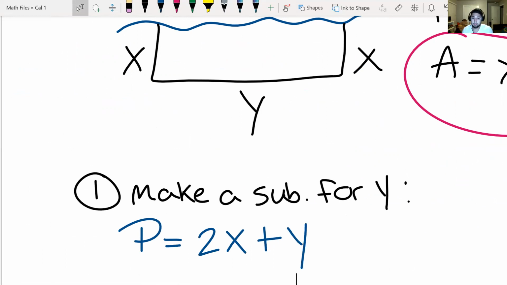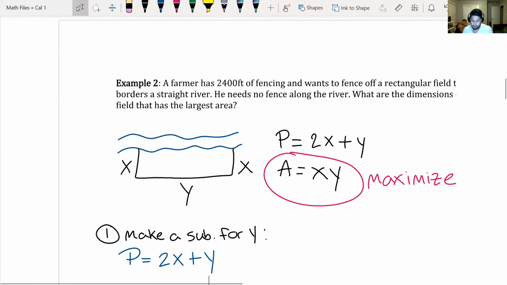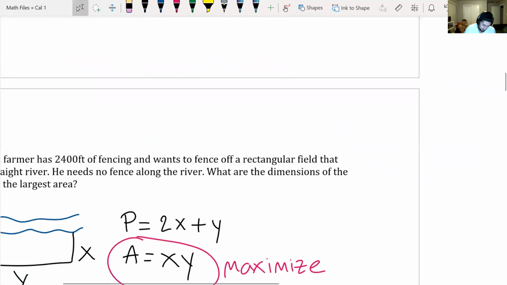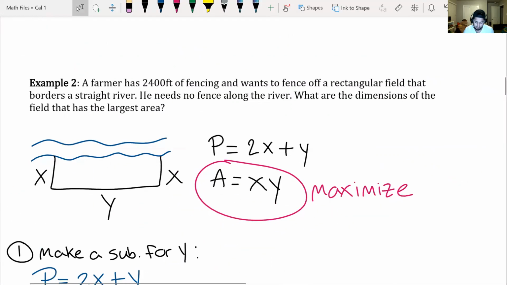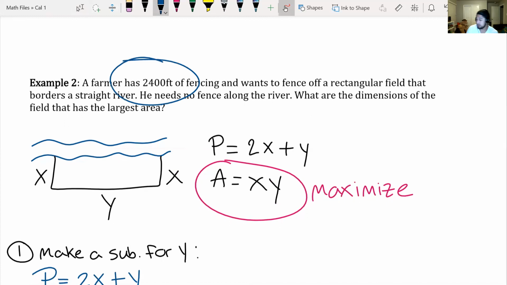Well, what do we plug in for perimeter? What else does the problem give? We are given that the farmer has 2,400 feet of fencing. So that's going to be the perimeter, because that's the most material this farmer can use.